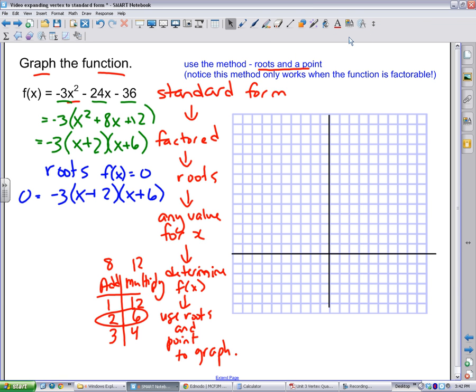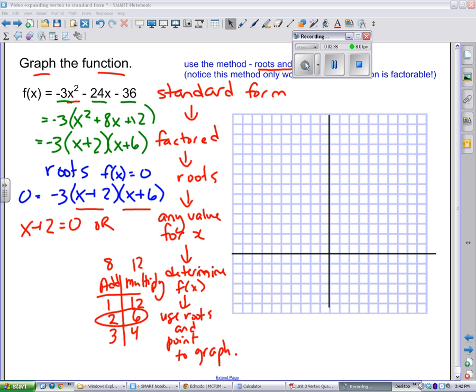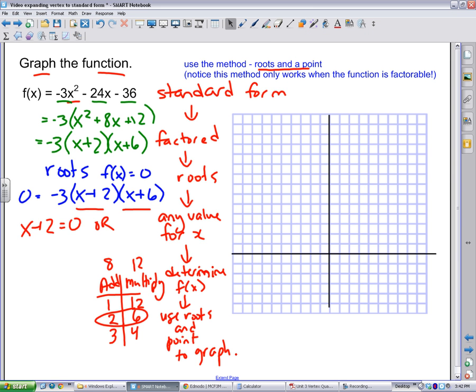So we need to have two values, x plus 2 and x plus 6, that multiply to give me 0. So that means either x plus 2 equals 0 or x plus 6 will have to equal 0.